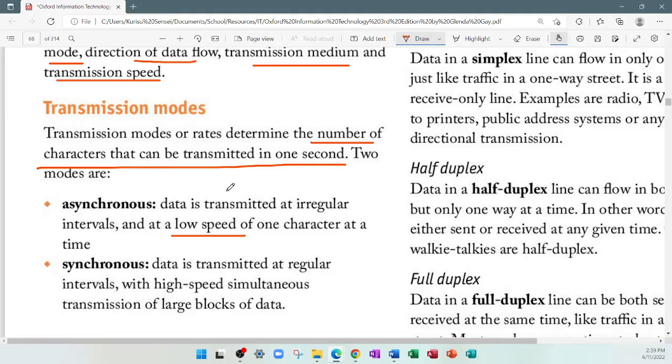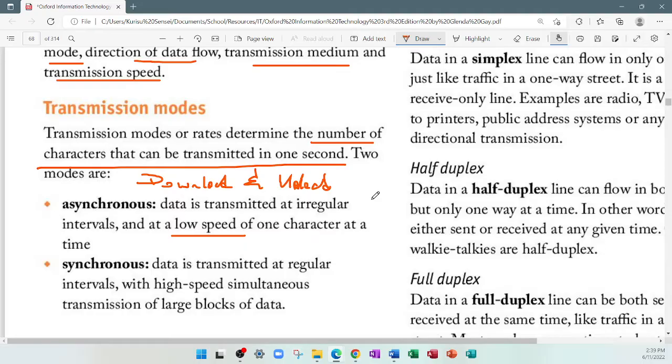Why? Well, when we're transferring data, we have two terms that we need to take note of: download and upload. So when we're sending data, we are uploading. When we are receiving that data, we are downloading.